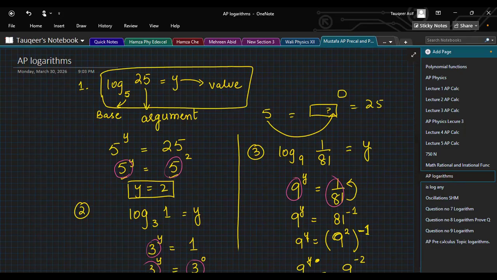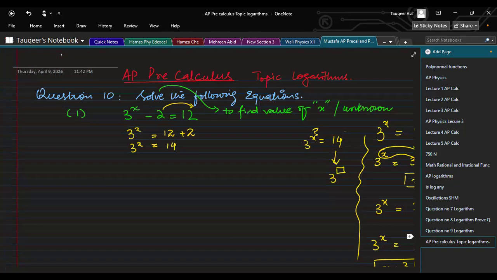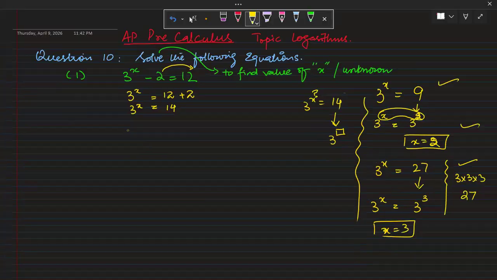So we're going to apply the same thing here. What if I say the base is 3, right? Can I say the base is going to be 3? The value becomes the argument and this power becomes the value.